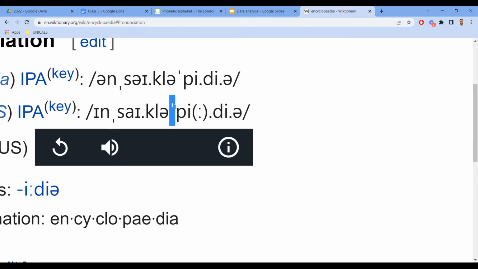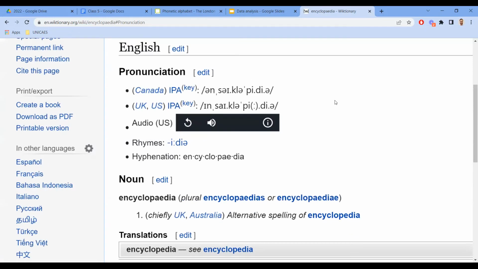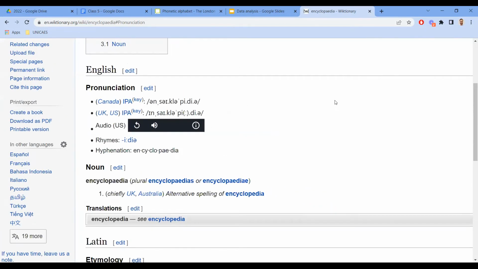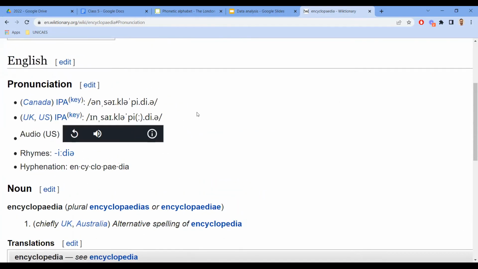Primary stress is with an apostrophe, and secondary stress is with a comma. And we do not need to write the periods again to separate, because the comma and the apostrophe are dividing the syllables. Okay, so just make sure that you take a look at the correct pronunciation.